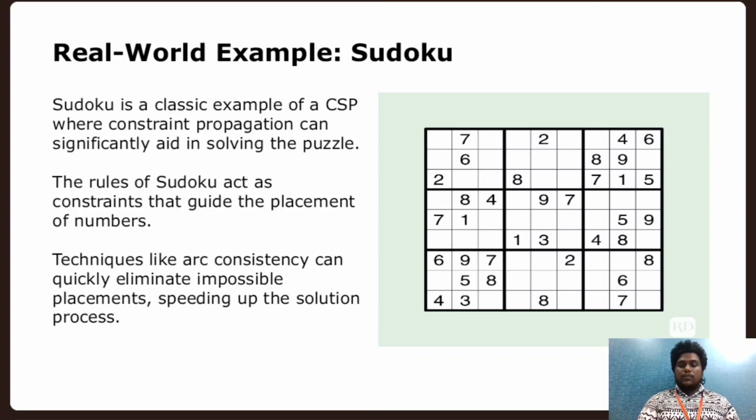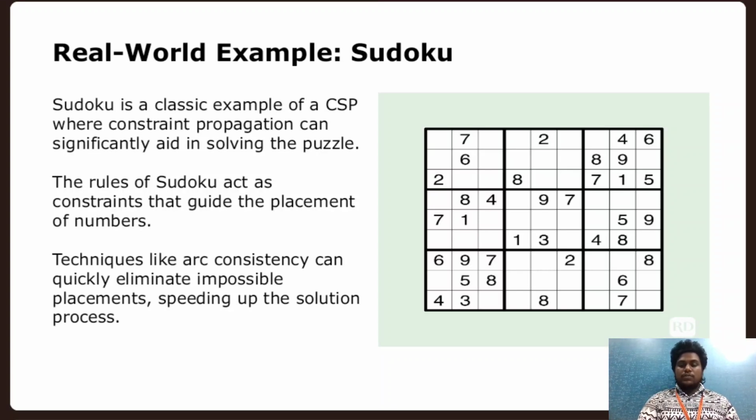Now, a real world example: Sudoku. Sudoku is a classic example of a CSP where constraint propagation can significantly aid in solving the puzzle. You can see the picture on the right side of the slide.